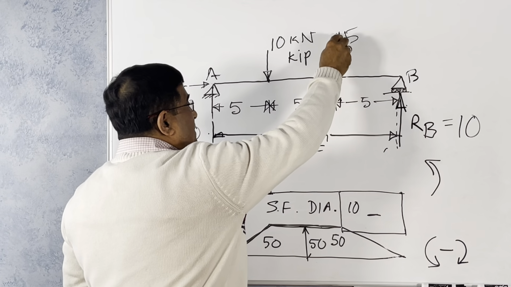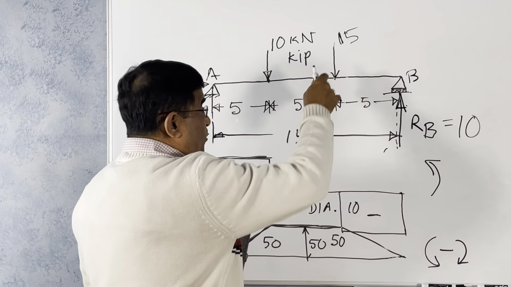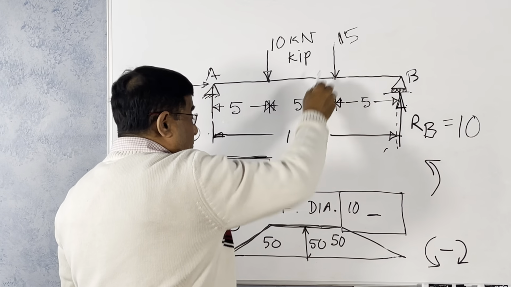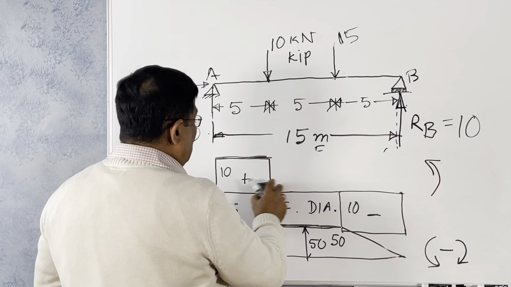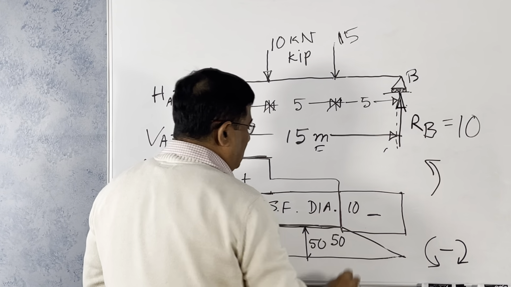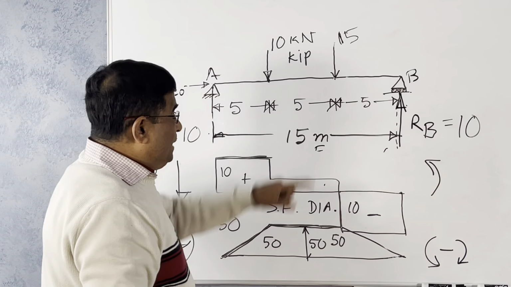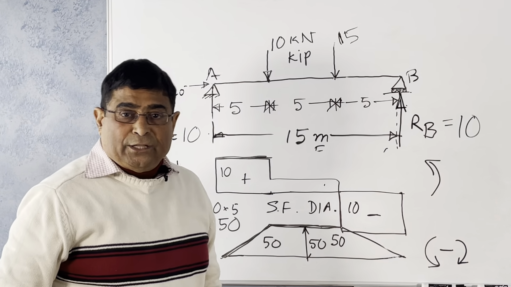So that is your maximum moment. Shear force will change its sign at this point, possibly, from positive to negative. So that is the point where the moment will be maximum.